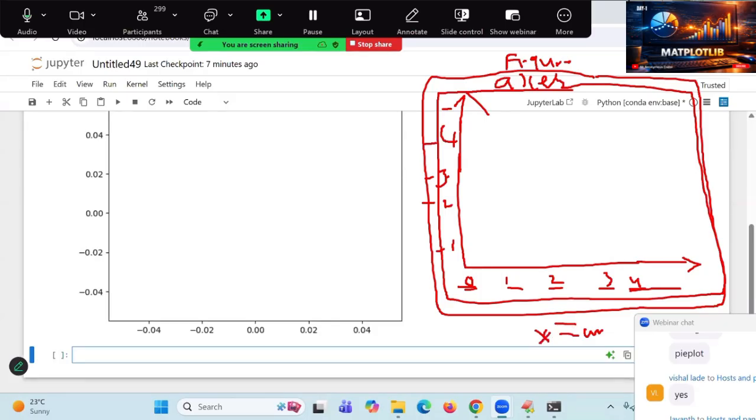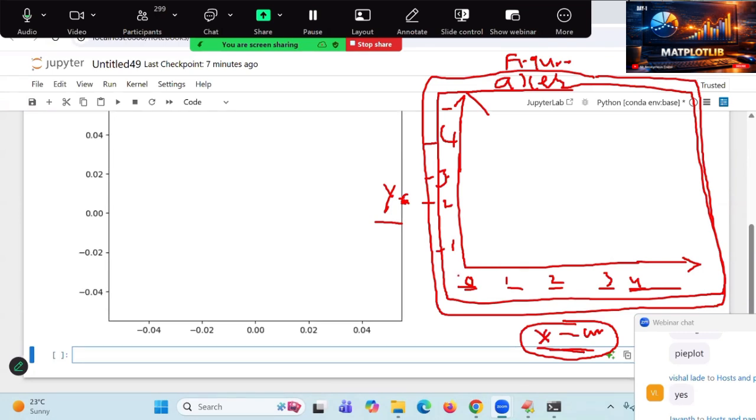X-axis. Spell out. How many axes are there? Two. One is what? X-axis. One more is what? Y-axis. Each x-axis contains what? X ticks, X limit. Y-axis will contain what? Y ticks, Y limit.